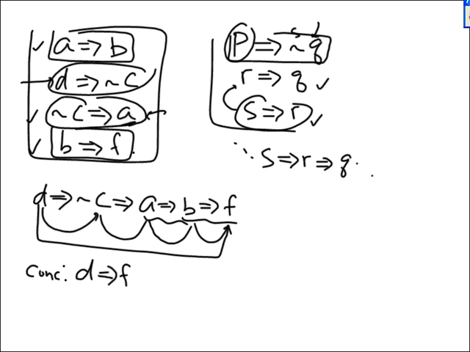So I would then think contrapositive. I would switch the P and the not Q. The P is first, it goes last, but I negate it. The not Q comes first, but I negate it.